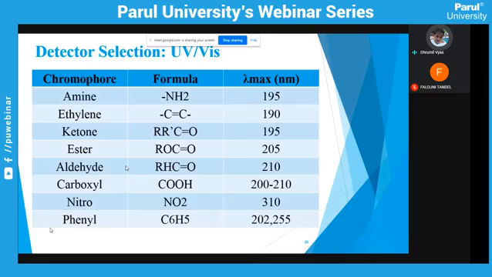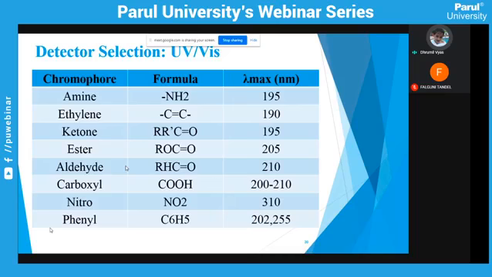Below are some examples. If your compound has an amine functional group, the maxima will be 195. Accordingly, you have to select your buffer, because if you use a buffer with a UV cutoff of more than 195, or any solvent with a UV cutoff of more than 195, it will definitely give interference and you will not get good chromatography.